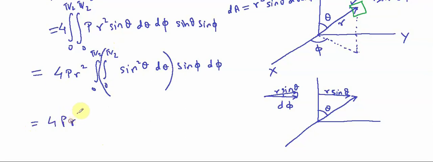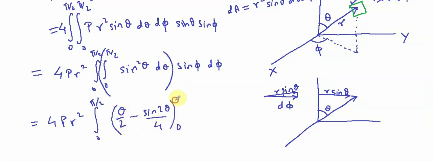Four p r square integral 0 to pi by 2. Now if you evaluate the bracket which I have made, you will find that this integral turns out to be theta by 2 minus sine 2 theta by 4 from 0 to pi by 2, and the leftover stuff sine phi d phi as it is.